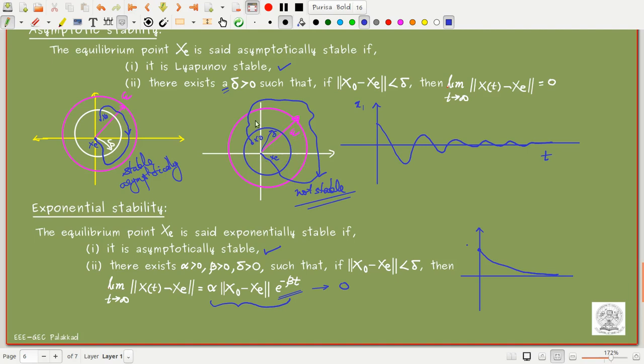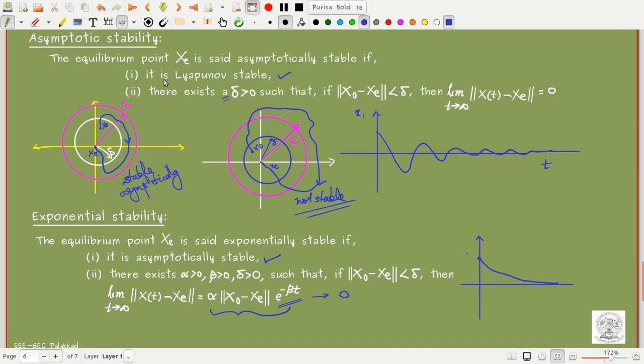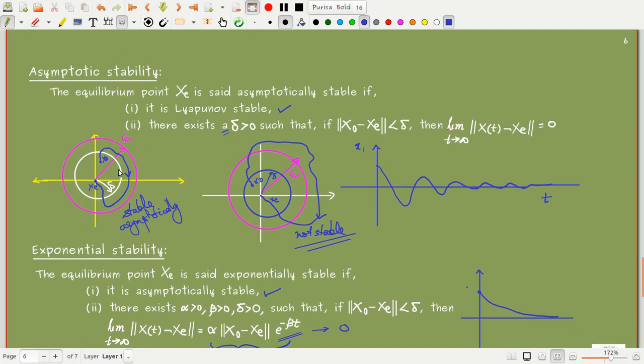Suppose my trajectories do not go outside the epsilon ball, and it reaches the equilibrium condition. Then we can say that the system is asymptotically stable in the large, or I can say that the system is globally stable. In this case, we are only choosing one point and saying that the system is true for this case.